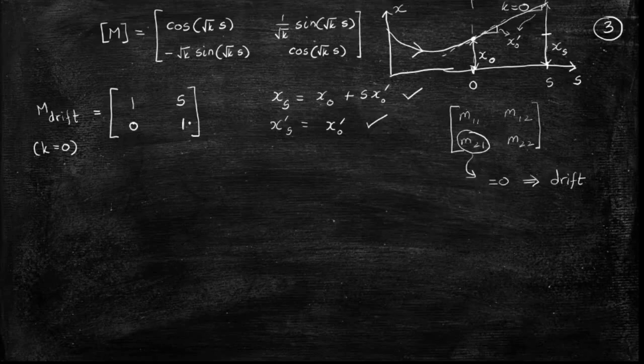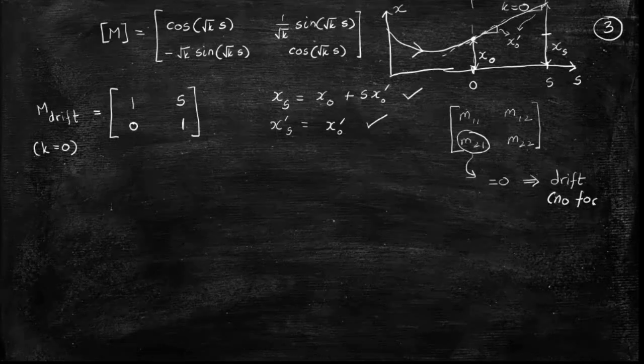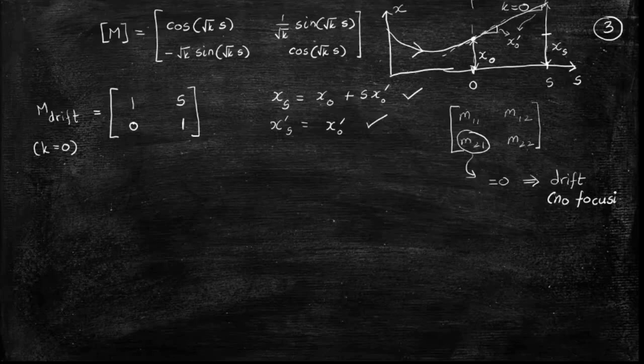Right? What is the meaning of drift region? Drift region means no focusing. By focusing, you mean that the slope should be reduced. By defocusing, you mean that the slope should be increased. I hope that is clear. So drift means no focusing.